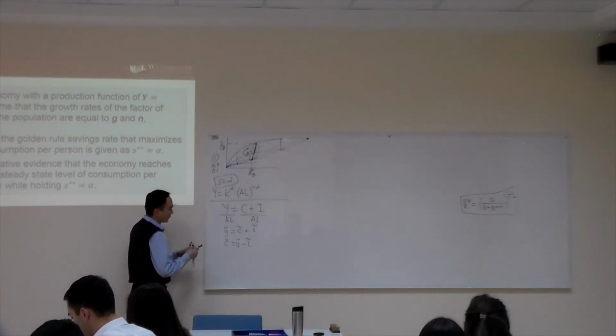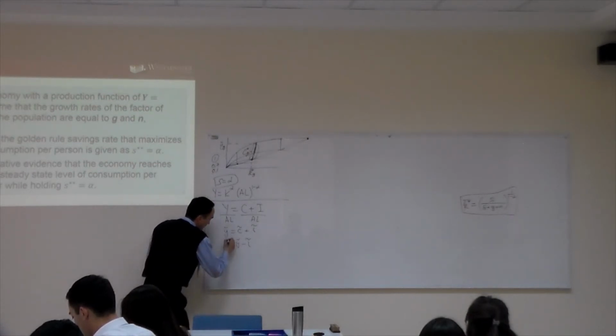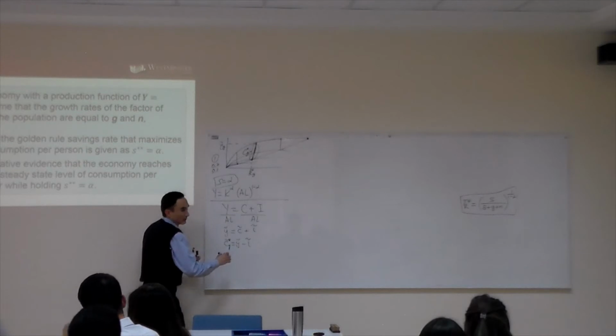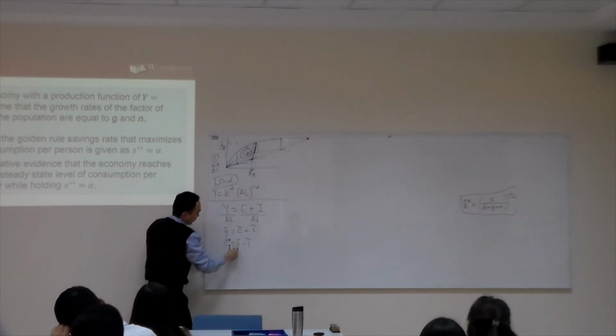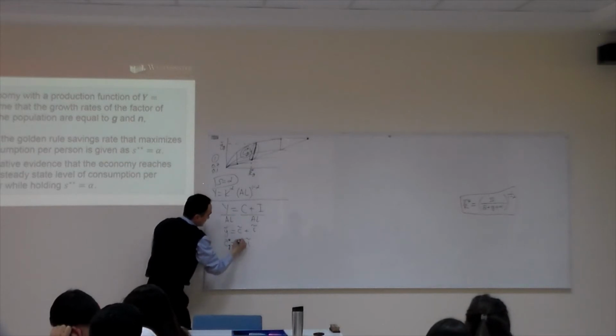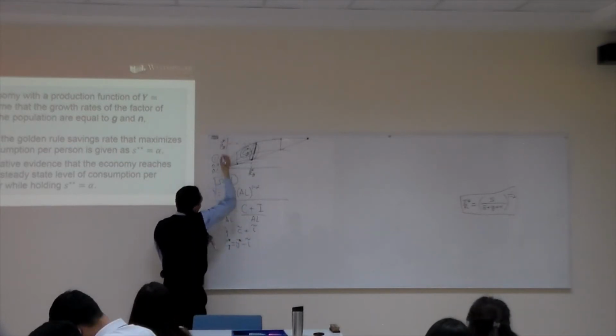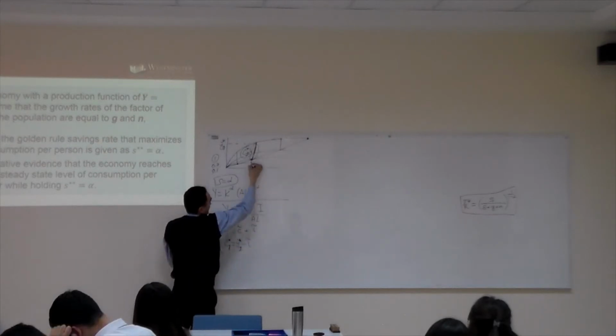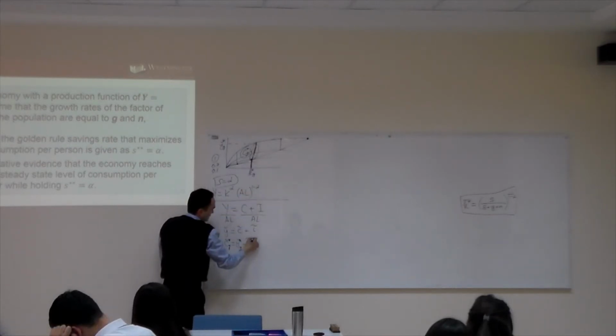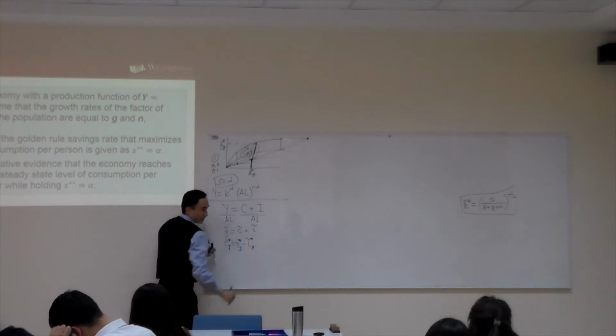Now we are interested to find it in the steady state level and golden level. At this point, output is also at its steady state level and golden level, and investment as well is at its steady state level and golden level.